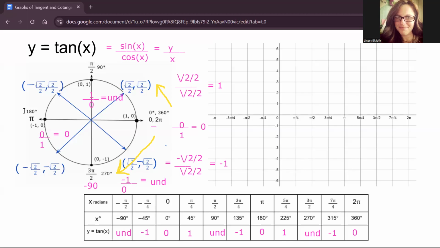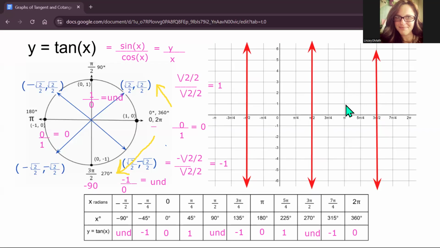Let me clean up some of this stuff. Let me leave that there for you. All right, let's take a look at where tangent is undefined. Tangent is undefined at negative 90 degrees or negative pi over 2, positive 90 degrees or pi over 2, and then again at 3 pi over 2.